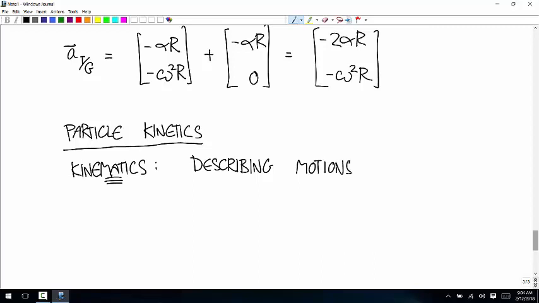You're still going to forget it, so I'm still going to do it like 10 more times. So this one, kinematics, we're not including the causes of the motion. No forces or mass or anything like that.